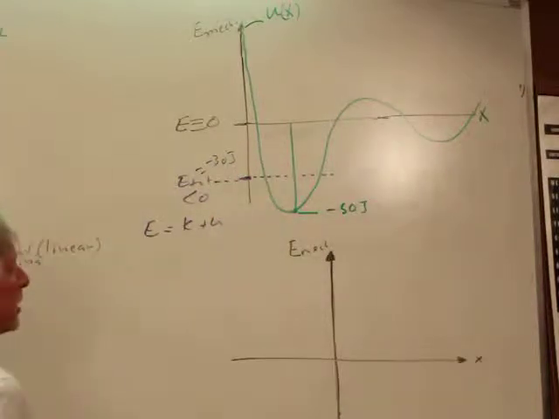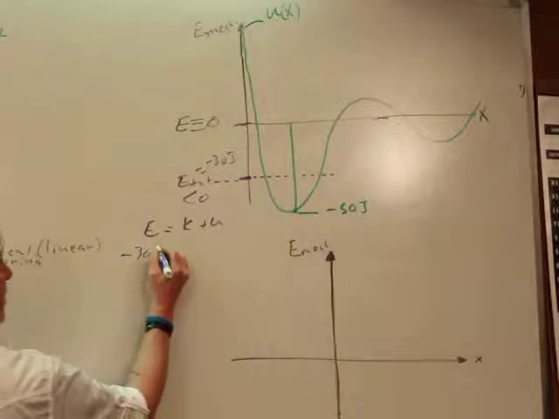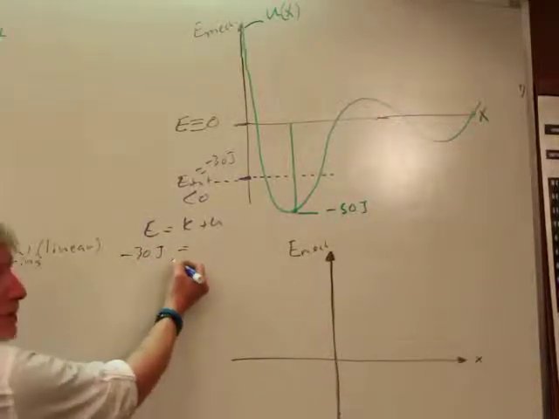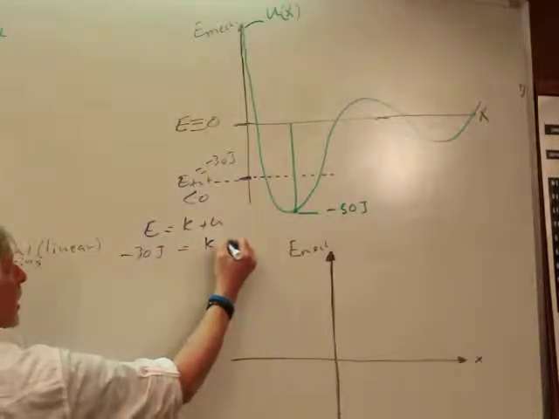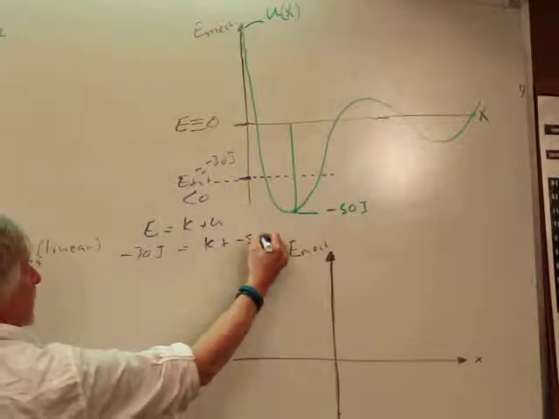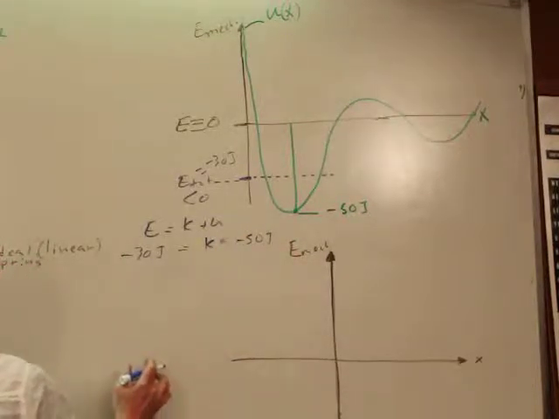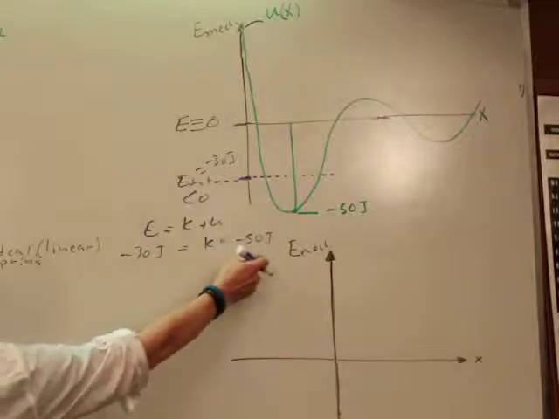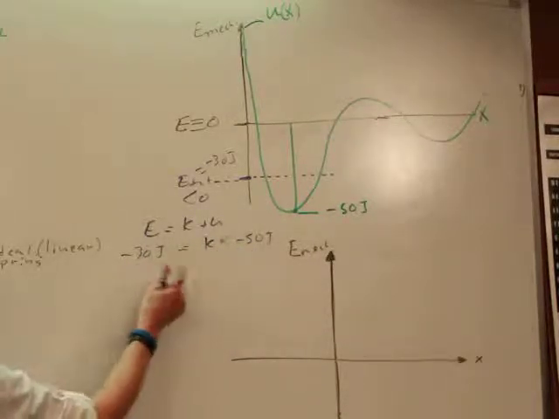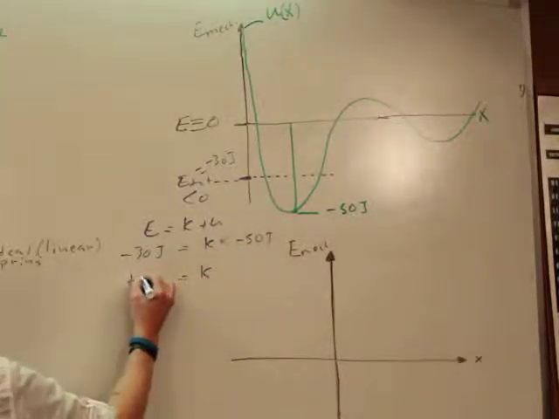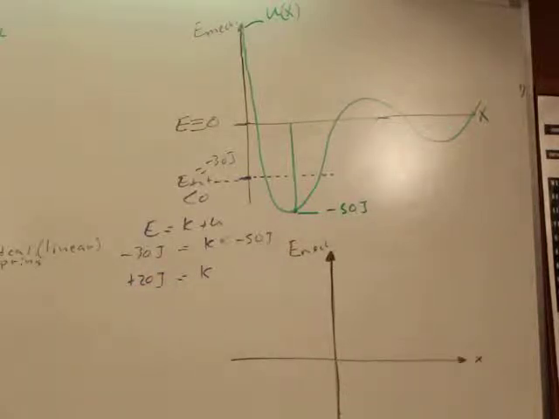I'm just making it up, right? Well, then what's my kinetic energy? I got negative 30 joules, don't forget the J, don't be sloppy with that, is equal to K plus a negative 50 joules. Of course, you can just write that. So how much is K? Add to both sides, and K is positive 20 joules.